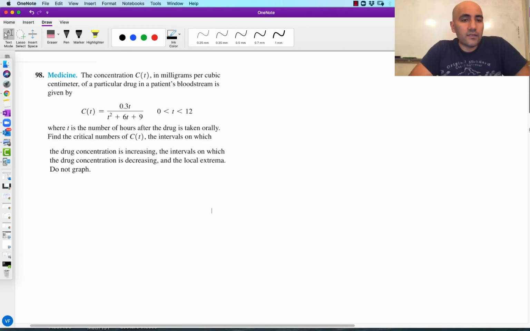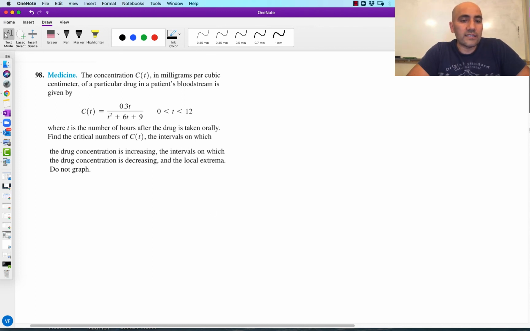Okay, now let's take a look at example number 98 from our textbook. So this comes from the field of medicine. The concentration C of T in milligrams per cubic centimeter of a particular drug in a patient's bloodstream is given by this function: C of T equals 0.3T divided by T squared plus 6T plus 9, where T is a value strictly between 0 and 12.